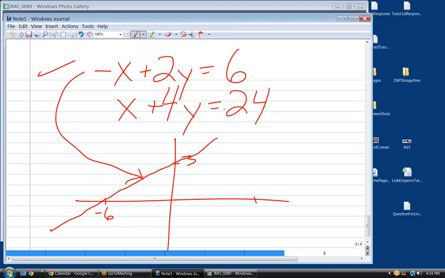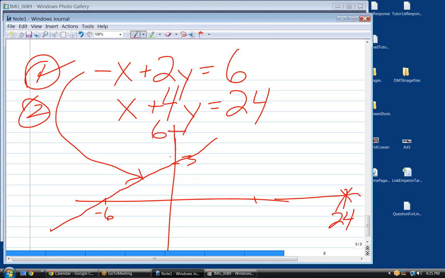Now, if I graph the second line, well, let's see. If y is 0, x is 24, so the x-intercept is 24. And if x is 0, y is 6, so the y-intercept is there.